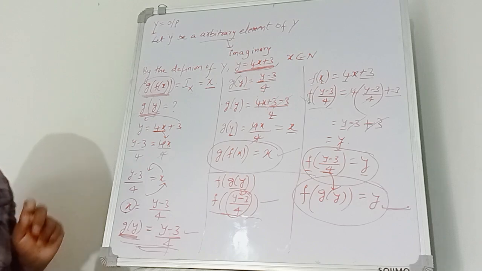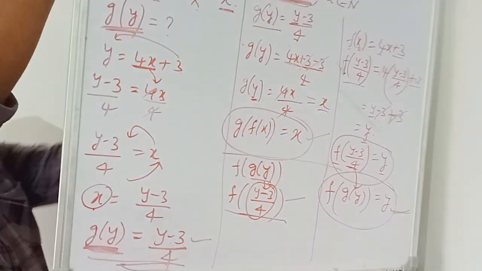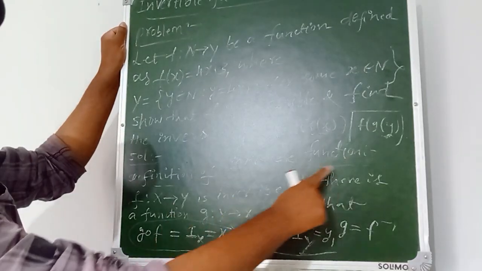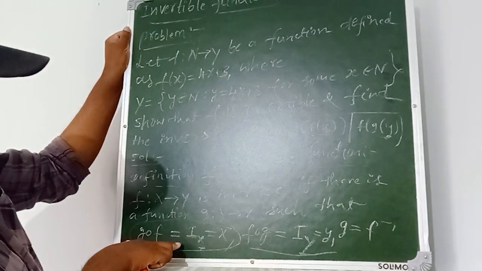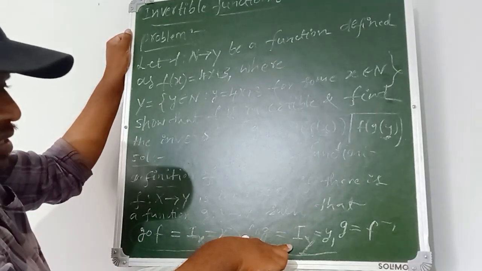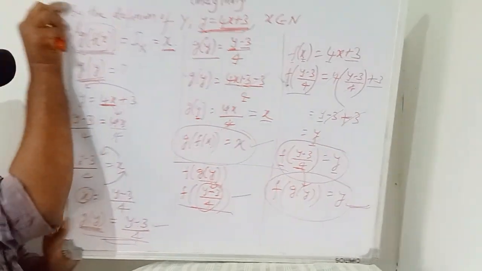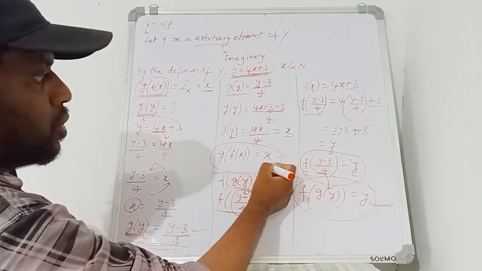Okay, now this is the definition of an invertible function. So using this definition, we have proved these conditions, this and this. That means g is equal to f inverse. So according to the definition we proved, we got these answers.